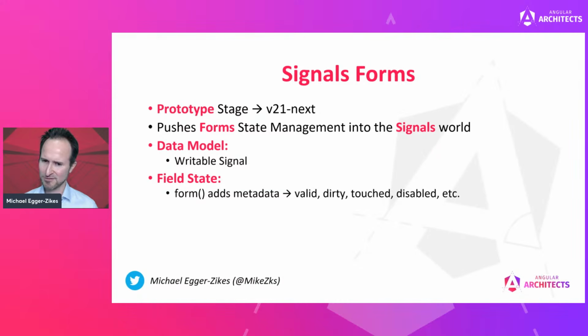So this form function can use your data model, your writable signal, and it adds all the known metadata that we are used to work with in the other form APIs like valid, dirty, touched, disabled, and even more today. So reactive ability to also set form fields to read only, to also hide form fields, and so on.